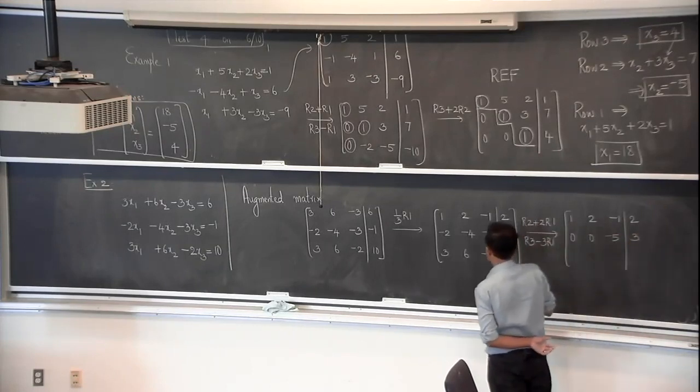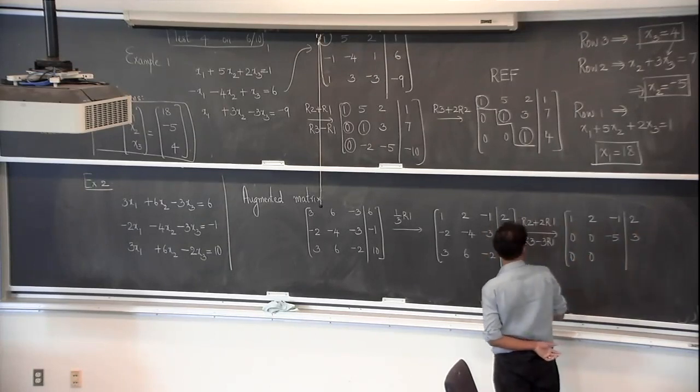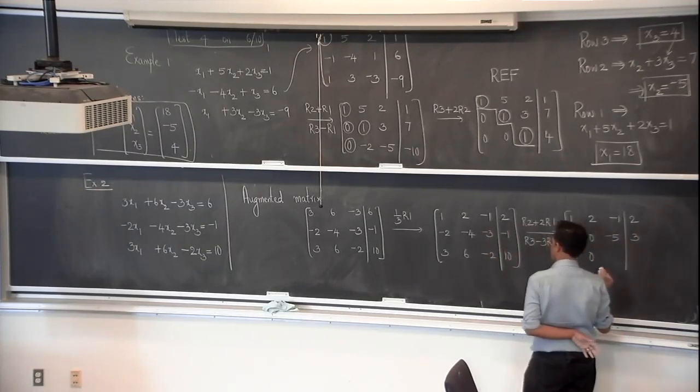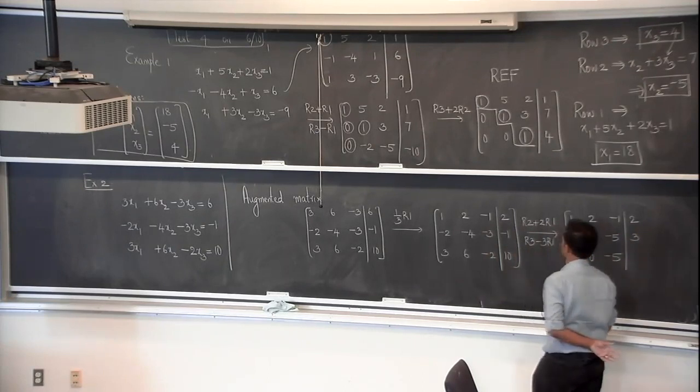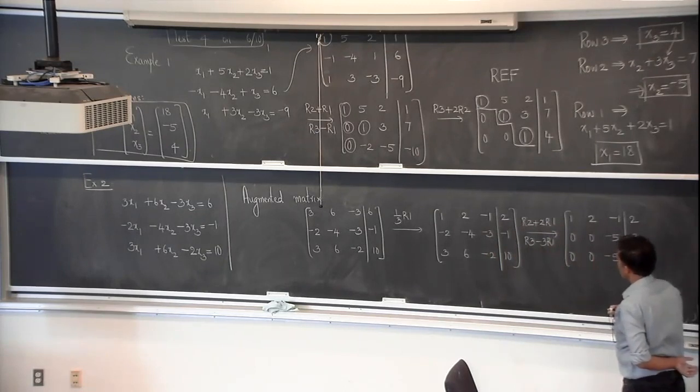And R3 minus 3R1 would be 0, 0, -5, and 4.